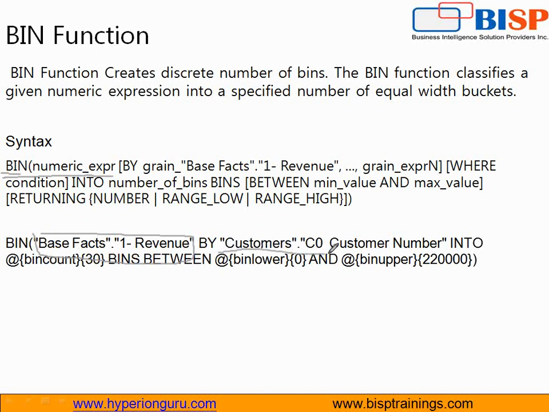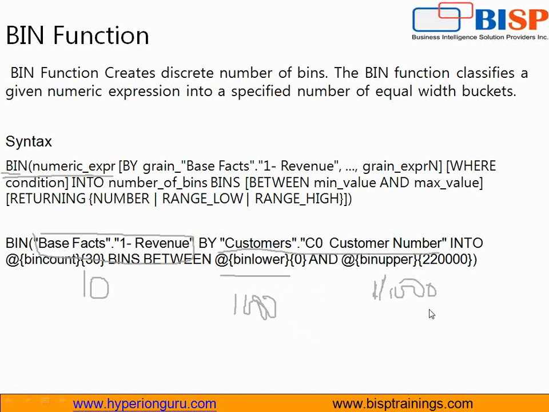So maybe you would like to create a bin based on customer or store, and then you define the number of bins. So you can specify a count of 10 bins or 30 bins, and the lower value like 1000 in our Excel example and the highest value like 6000 in our Excel example, right? So these arguments you pass when you create the bin function.